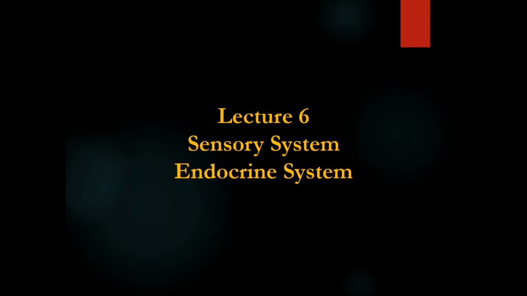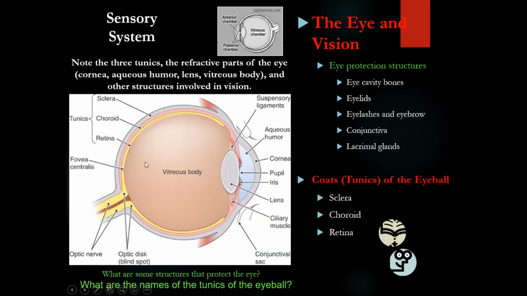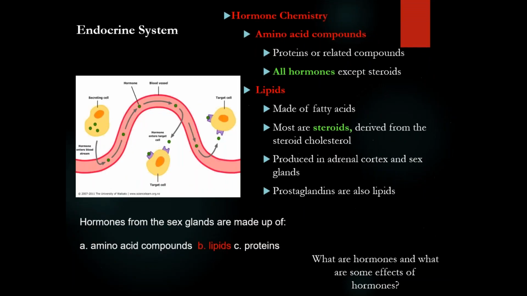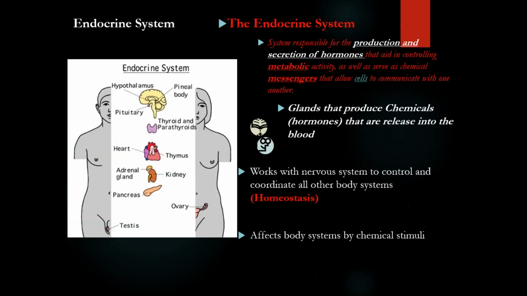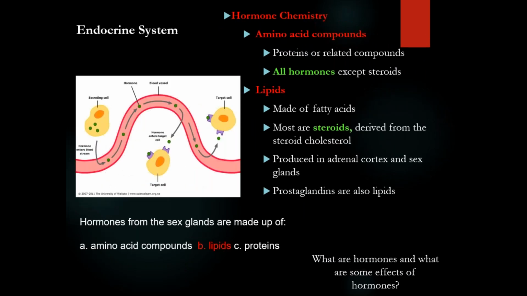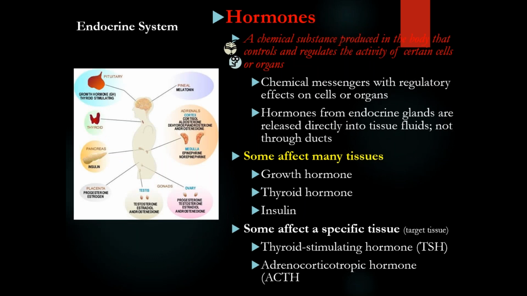In the endocrine system, we have 16 questions, so please pay attention to this. We want to skip the sensory. Talking about the endocrine system, what I want you to remember is, first of all, the axis.